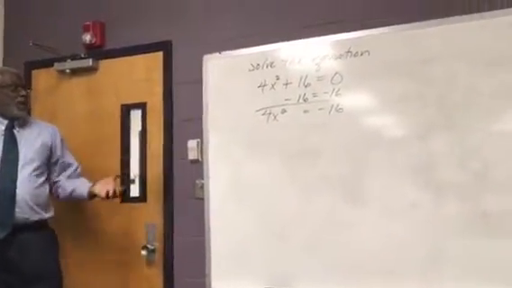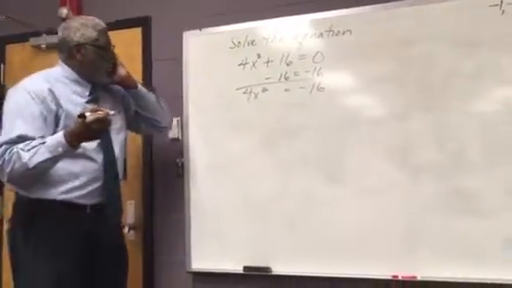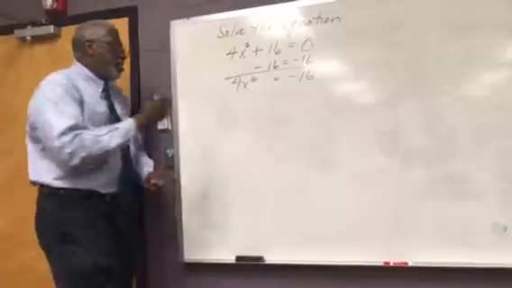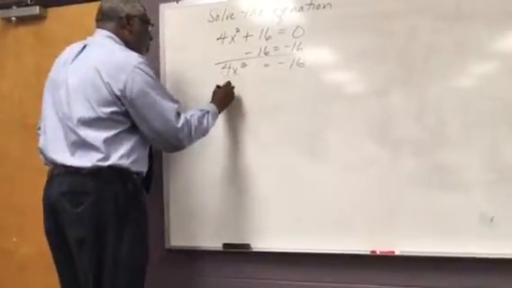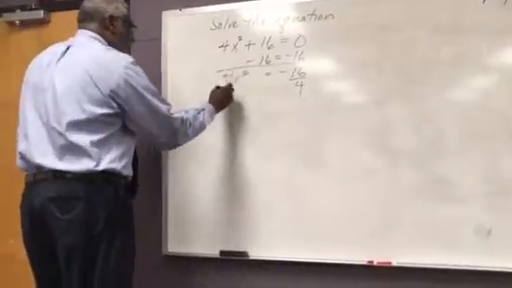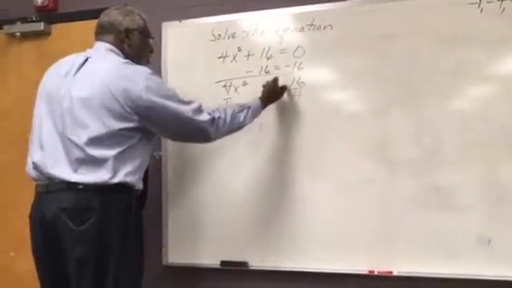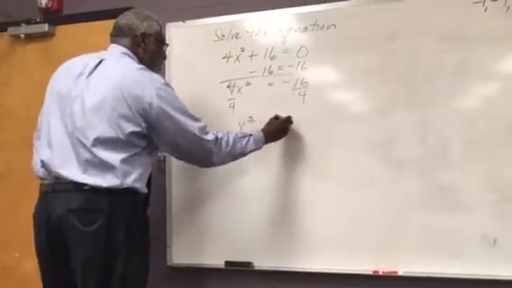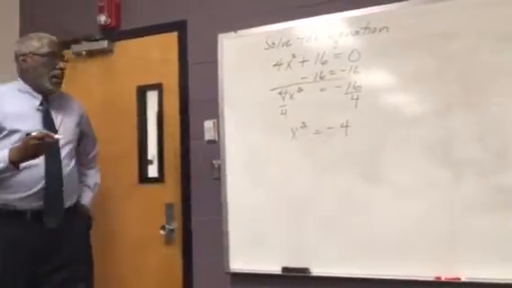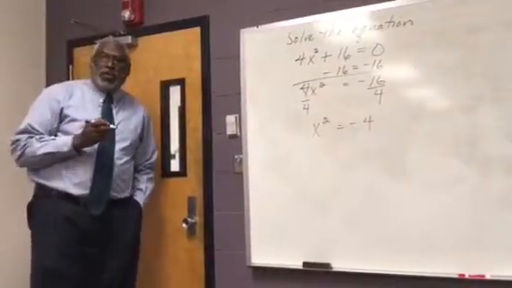Next, what we're trying to do is solve for x, so we want to get x squared by itself. We divide both sides by 4. 4x squared divided by 4 is just x squared, and negative 16 divided by 4 is negative 4. So now we have x squared equals negative 4.